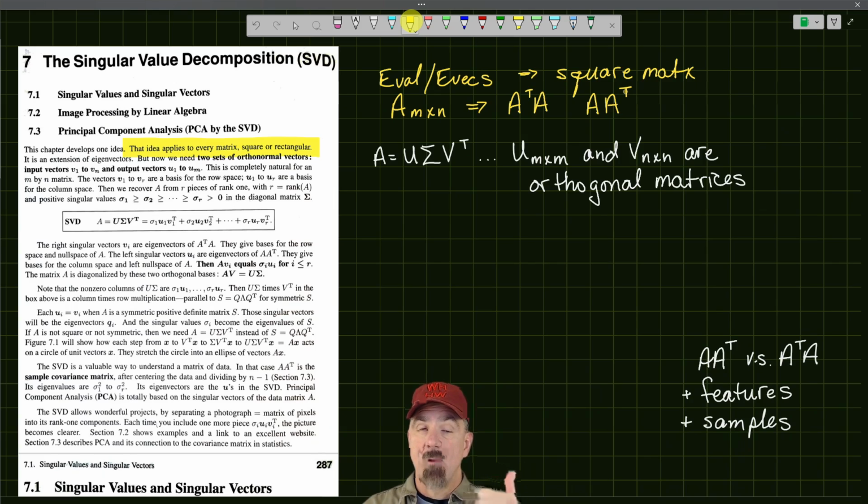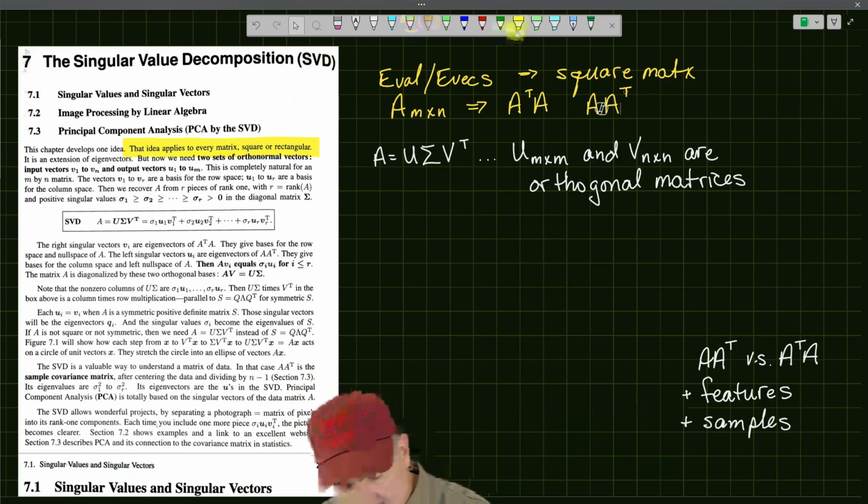They're going to have orthogonal eigenvectors, they're going to have real eigenvalues, and obviously they're going to be square. So we're going to take the information that we've already talked about and double down on it with any matrix that we have, just by considering A transpose A and A A transpose.